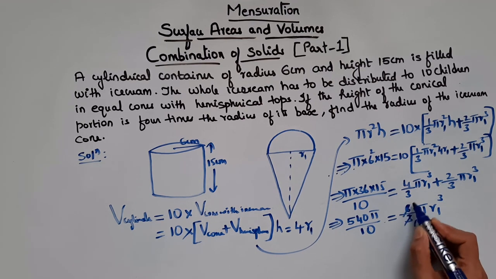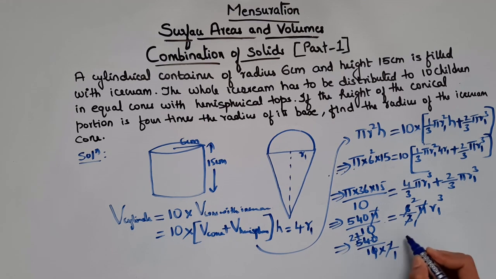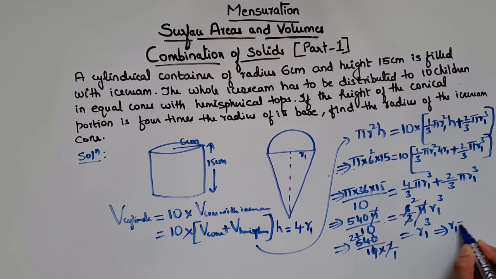So 3 ones are 3, 3 twos are 6, pi and pi is gone, they are left with 540 by 10 into 2, right? So 0 and 0 is gone, 2 twos are 4, 2 sevens are 14, so 27 is equal to r1 cube. So this implies r1 is equal to cube root of 27. So r1 is nothing but 3. So the radius of the ice cream cone is 3 centimeter.